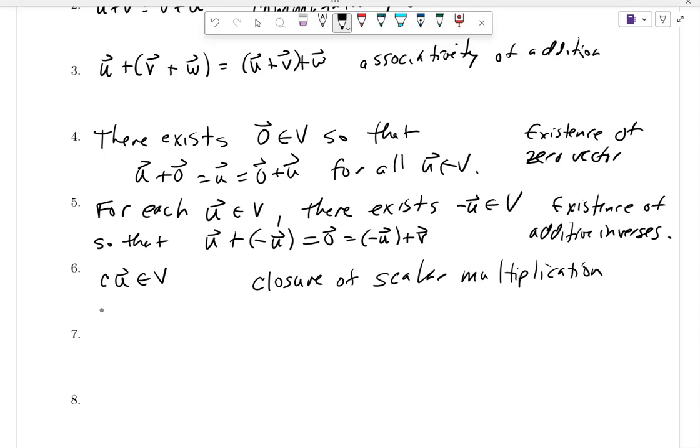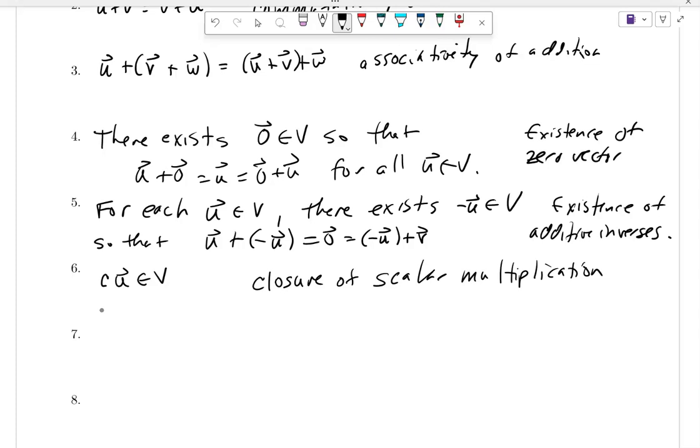If I take a rational number and multiply it by any real number, am I guaranteed to get a rational number back again? No. For example, I take 1 times the square root of 2. That's a mess, isn't it? It's not rational anymore. So that's an example of something that would not be closed.